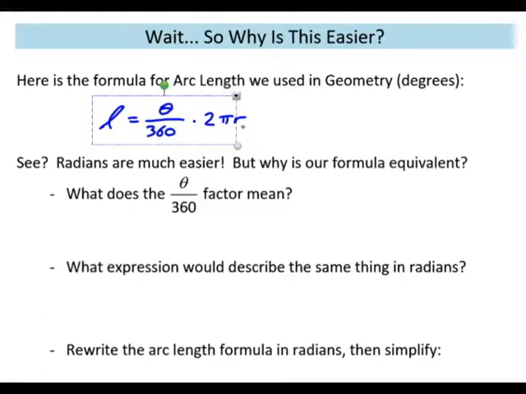Now, it's actually pretty easy to show why our formula is equivalent. And we have to look at what this original formula meant. Theta over 360 meant what fraction of the circle are we talking about? What fraction of the circle is the arc covering? So it's a fraction of a circle times the circumference formula, which you may recognize. So this is what fraction of the total circumference.